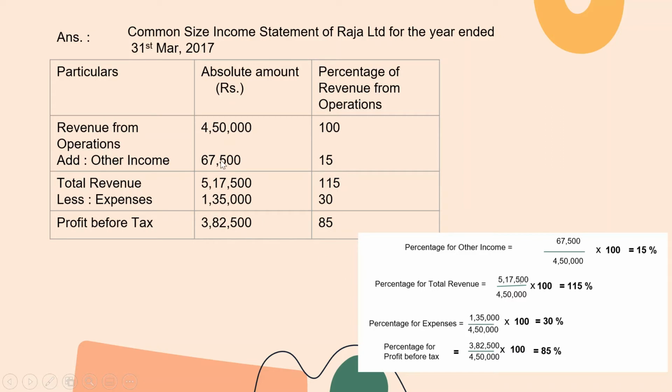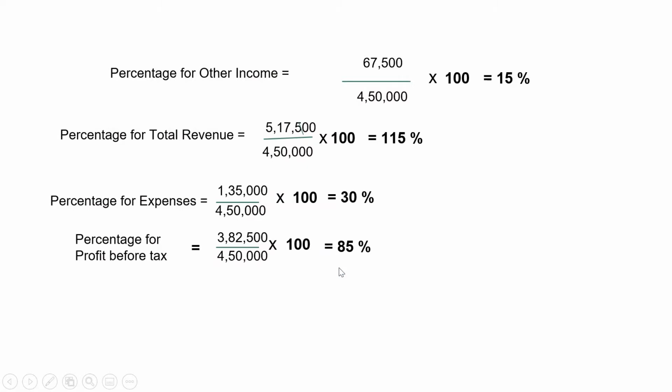For each item, you have to take this revenue from operation as a common base, and into 100 you have to do. So 30%. So when you subtract these two, you will get 85. You can even do the calculations, or you can do like this. I have done the calculation here also.